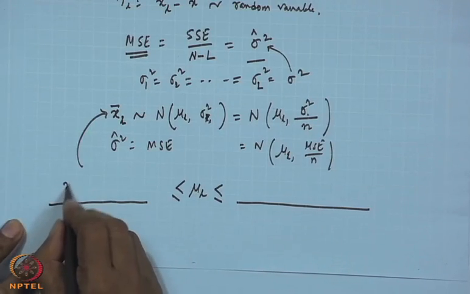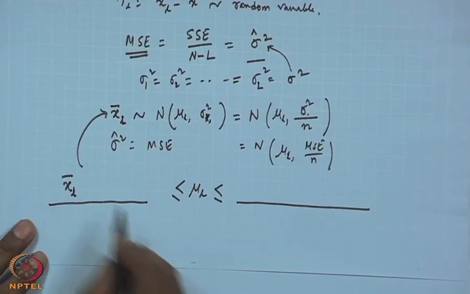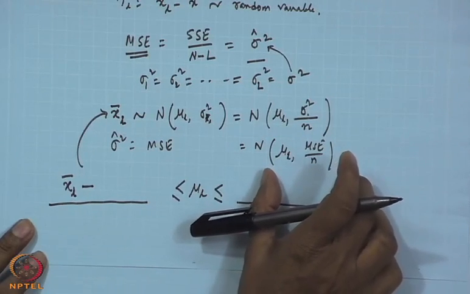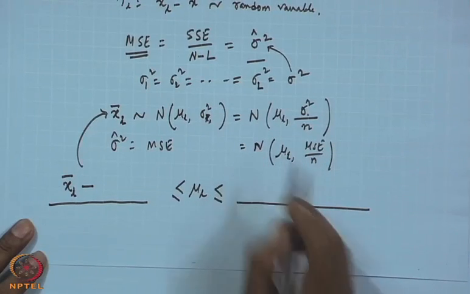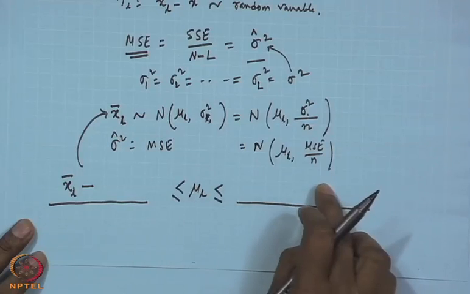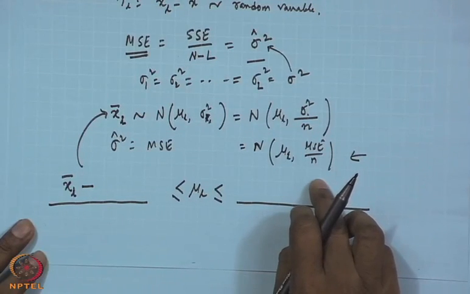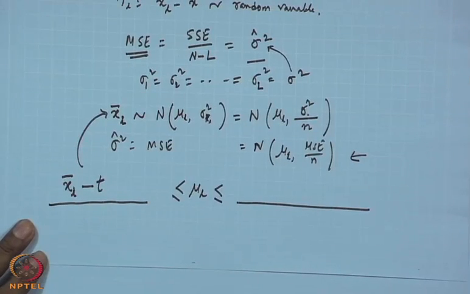Definitely first will be the mean value, the point estimate. What is required to know? You are required to know what type of distribution it is. We are saying it is a normal population, and we will assume that the sample size is small. Then you require to use the t distribution.